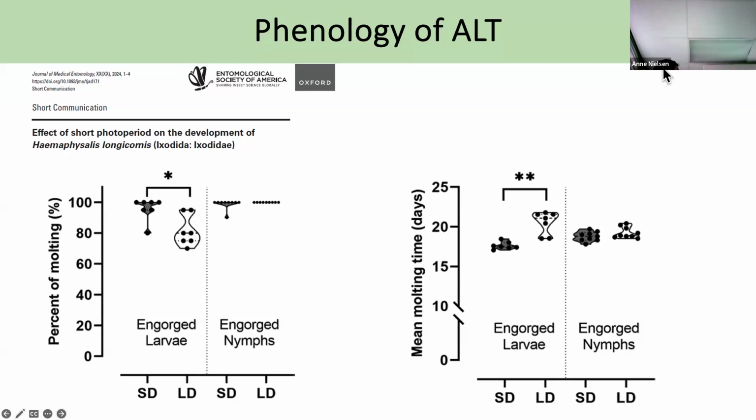Engorged larvae molt better in short day length, and it takes less time to molt in short day length than long day length. This is probably a cue that engorged larvae use that allows them to molt faster before overwintering, because we suspect that overwintering as nymphs is much more beneficial for them than overwintering as engorged larvae.